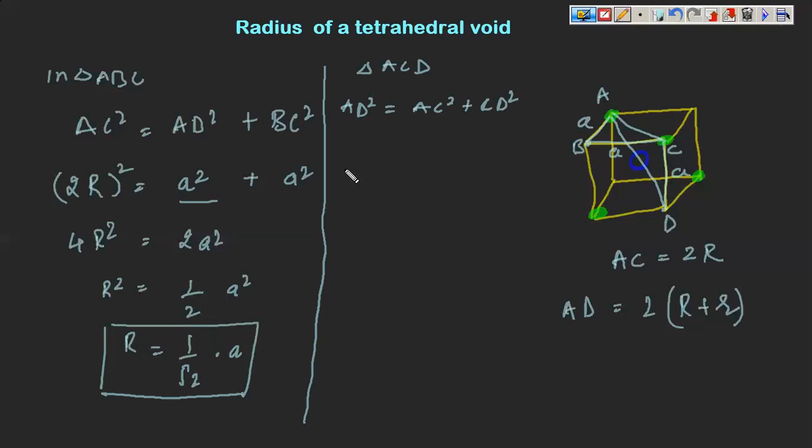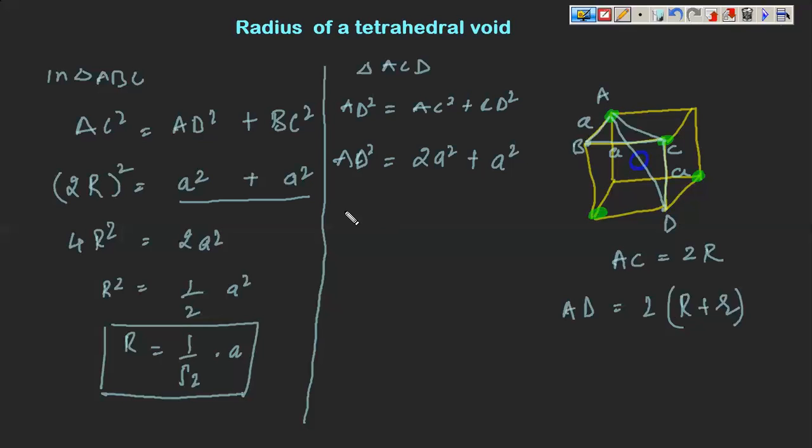So AD square is equal to 2A square plus A square, because CD is also equal to A. Sorry, AD square we also know very well as 2R plus r.